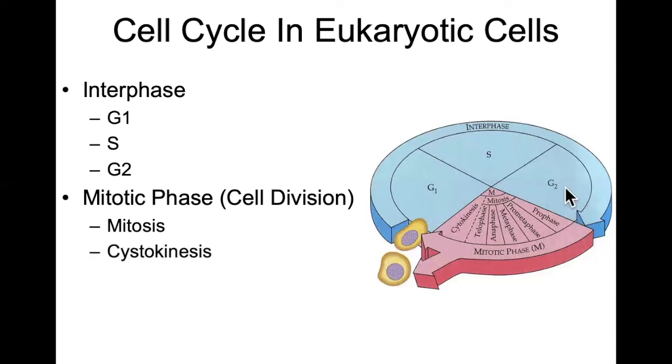And then afterwards, we have something called cytokinesis, which is when the rest of the cell gets split apart. So mitosis is when we separate the DNA into their own nuclei very, very carefully. And then cytokinesis is when we split the rest of the cell. And then each brand new cell gets its own nucleus with its own DNA.